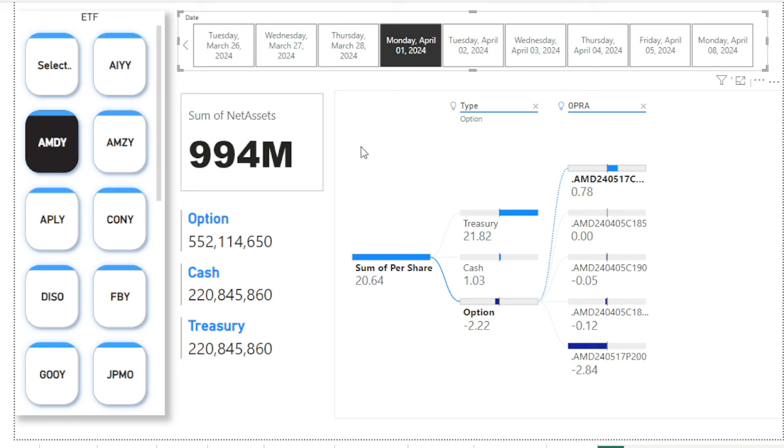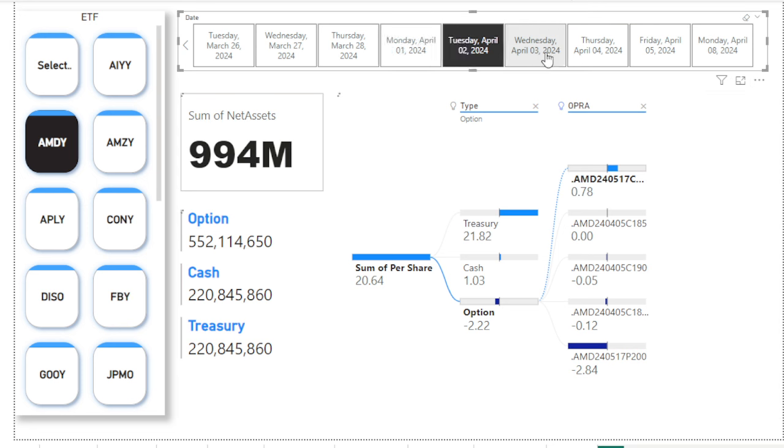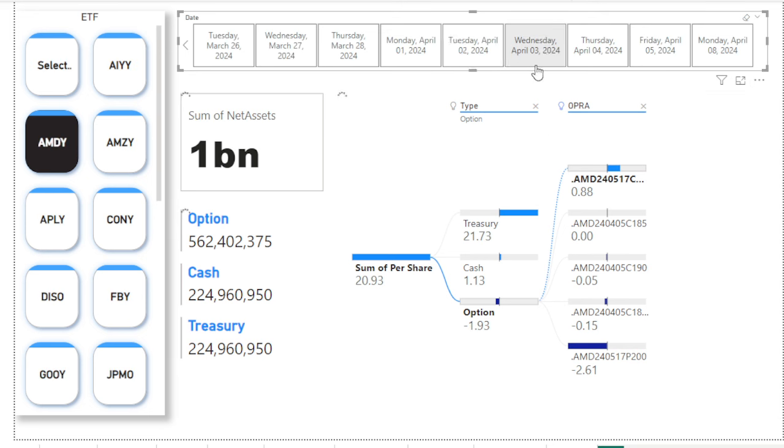As you can see, there's a big difference between AMDY and AIYY in terms of net assets. And then over time, as this process gets smoother with a more powerful machine, you can see a lot more interesting things.